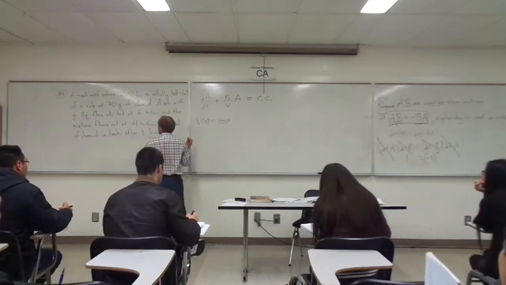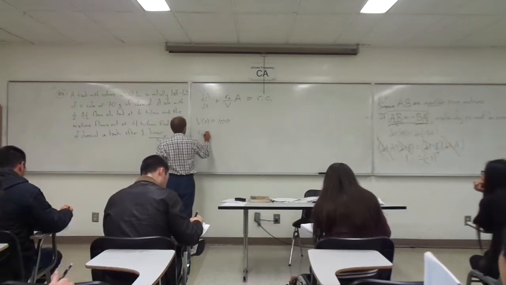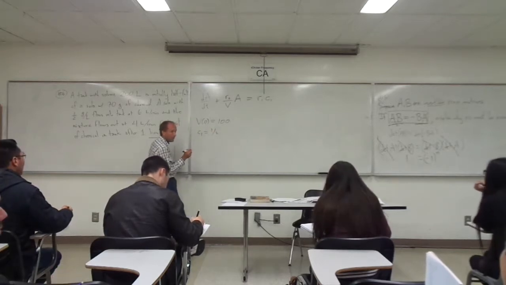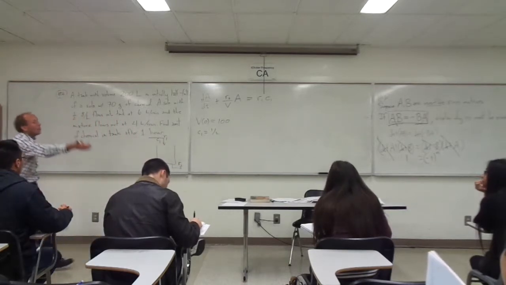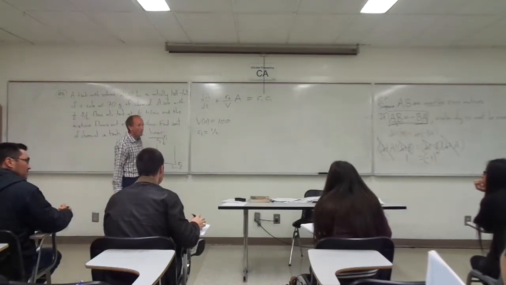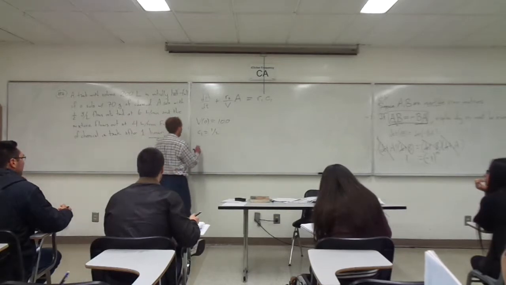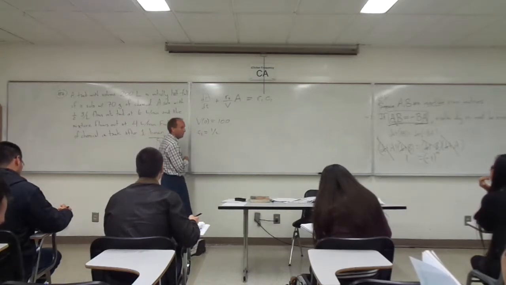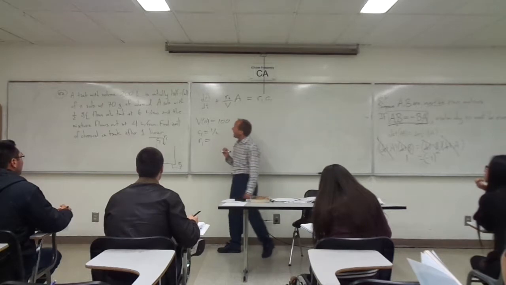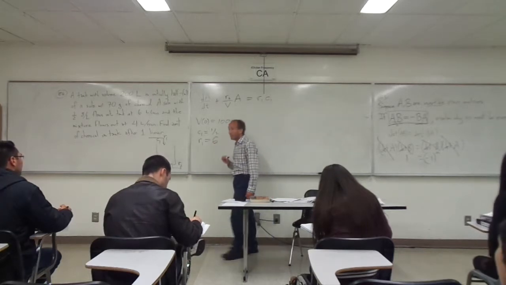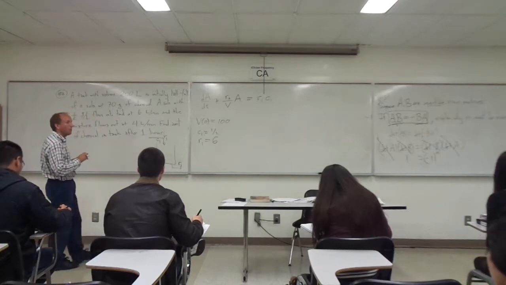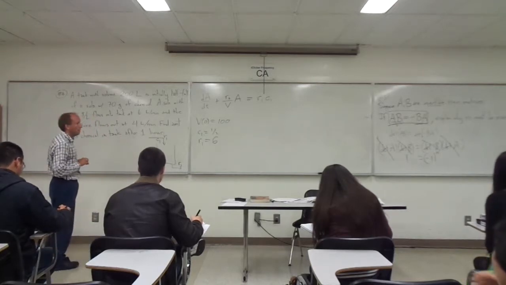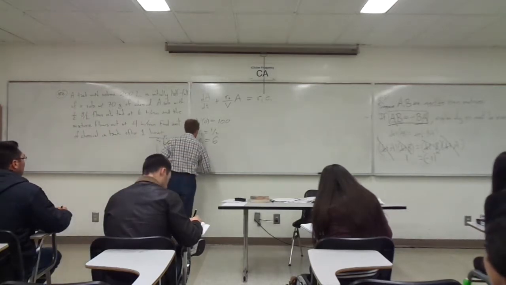Okay, C1, which is the concentration going in, is 1/2. Yeah, the rate of flow into the tank, R1, is 6. Okay. R2 is 4. Good. R2 is 4.